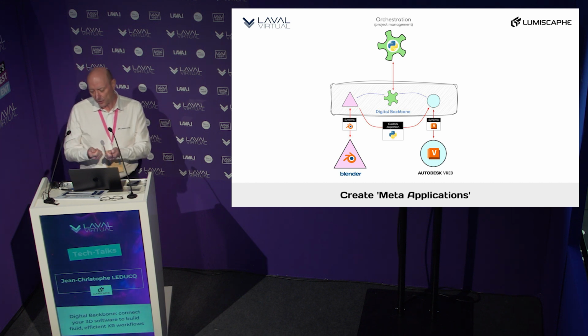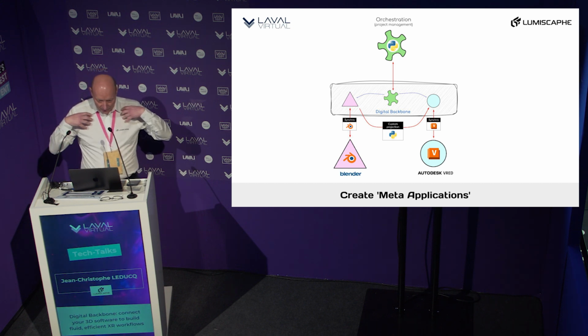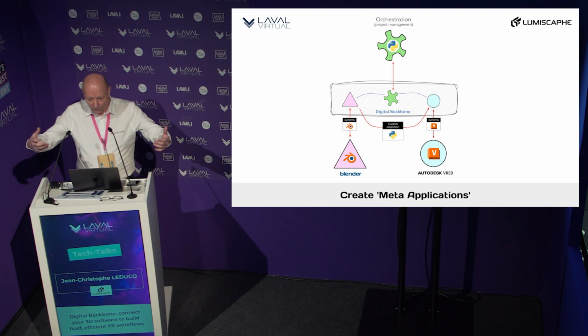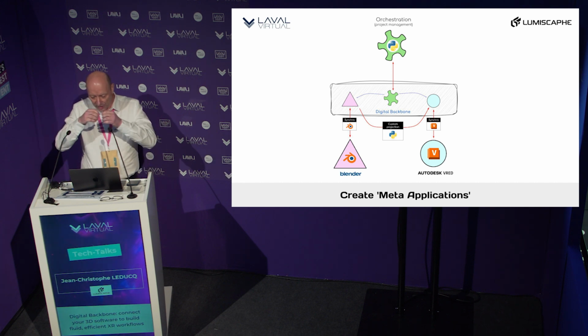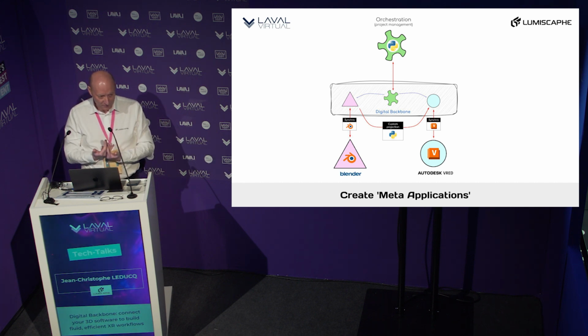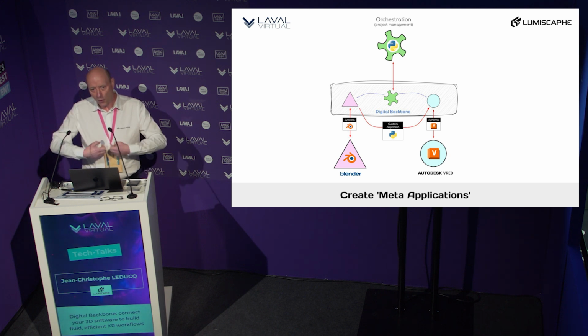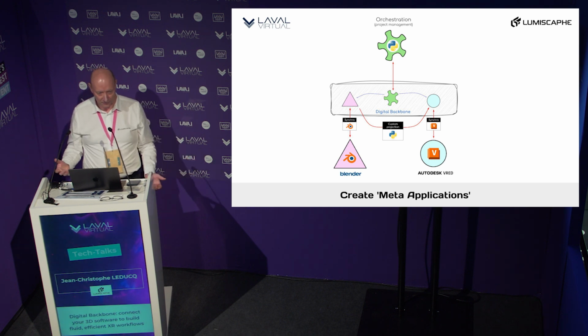Here is what I call a meta structure, because I have my project that references external structures from external software, but in the Digital Backbone, all is uniform. So I have an appropriation of all this dataset and structure and create my own complex data structure built over external data structures.